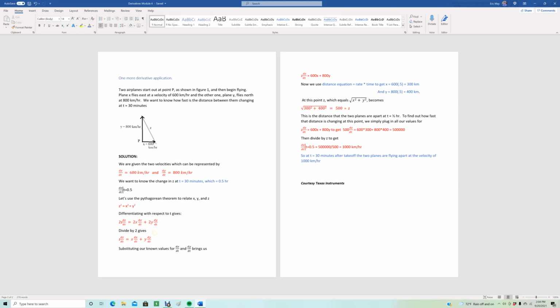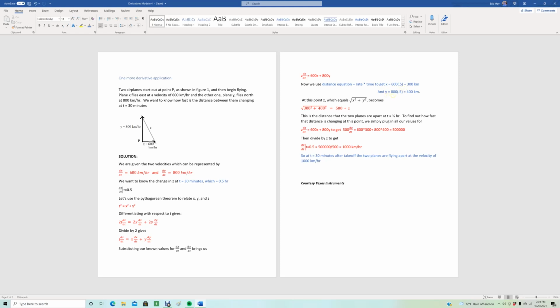Now we can substitute our known values into this equation, dx/dt being 600, dy/dt being 800. Next, we can use the distance equation, which equals the rate times the time, to get the values for x and y. x simply equals 600 times 0.5 hours. That gives us 300 kilometers.